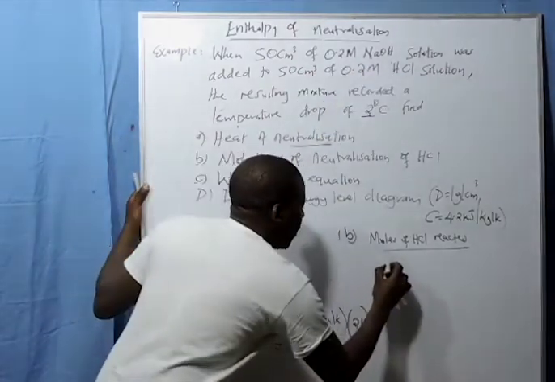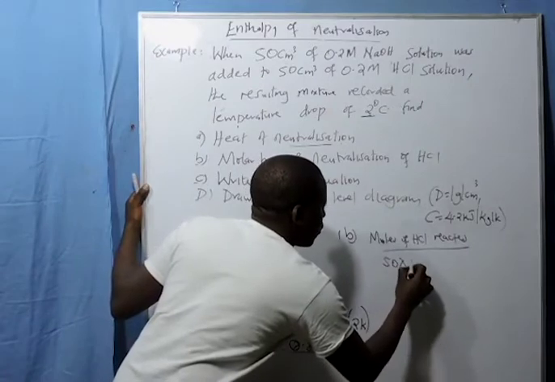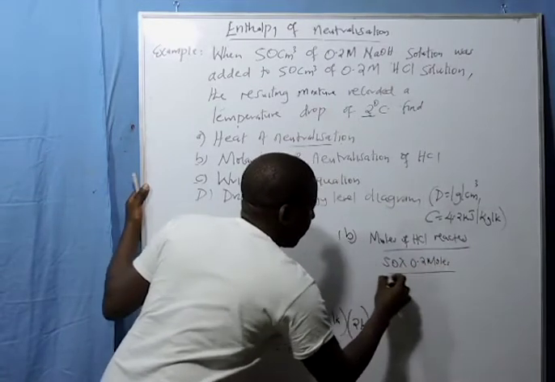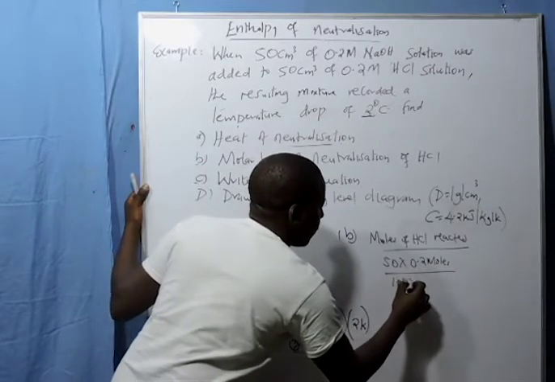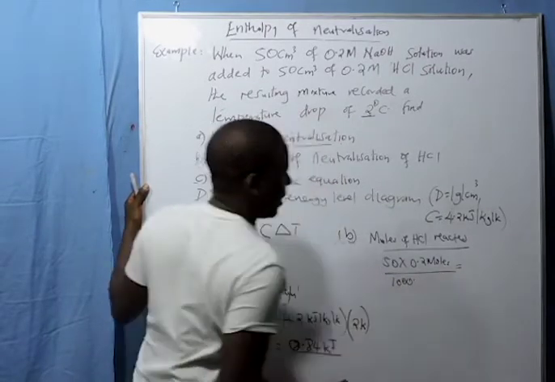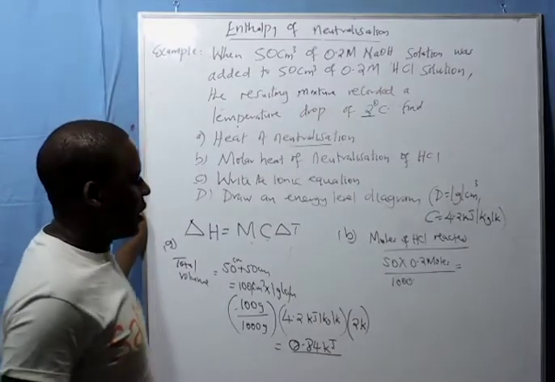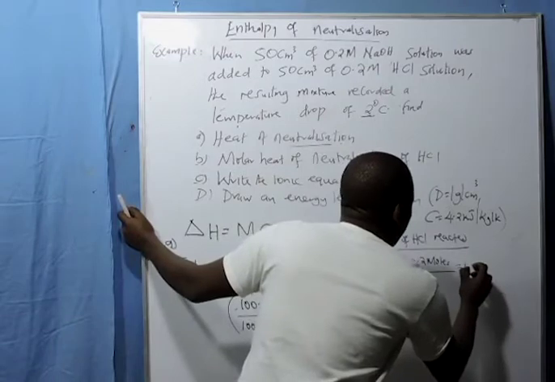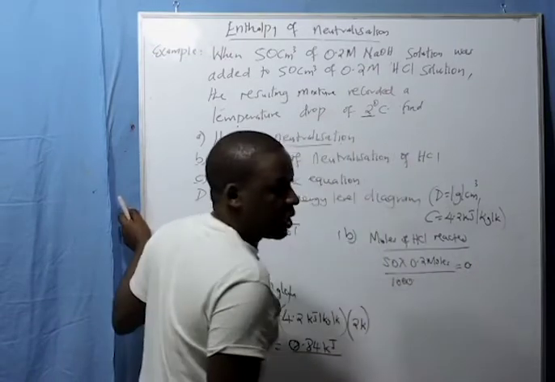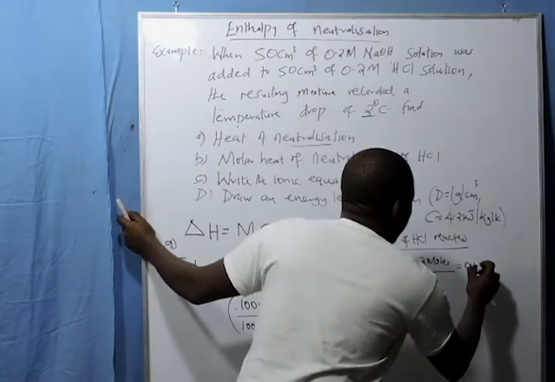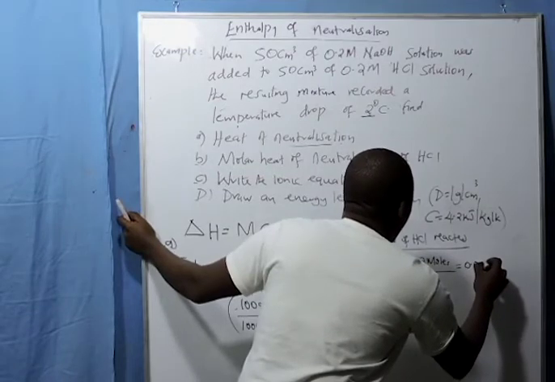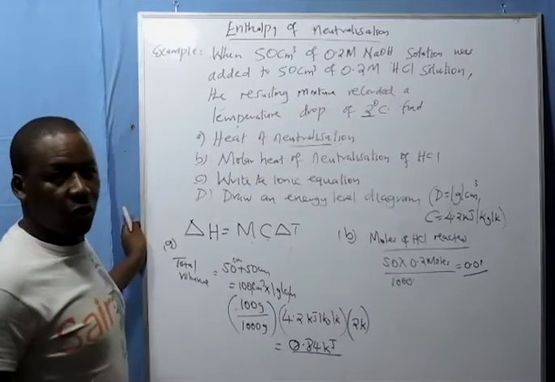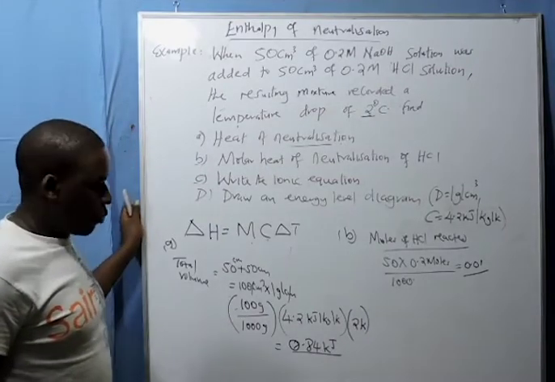Get the moles: 50 times 0.2 divided by 1,000. Your answer becomes 0.01 moles.